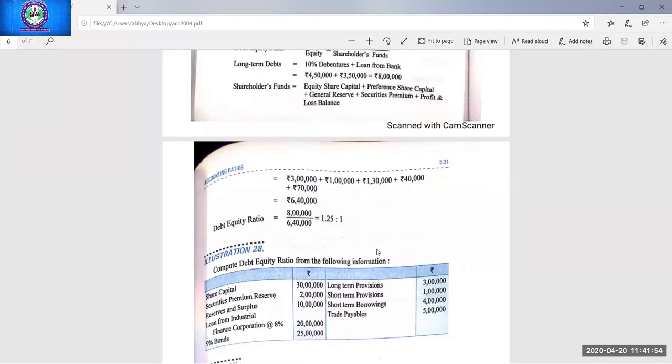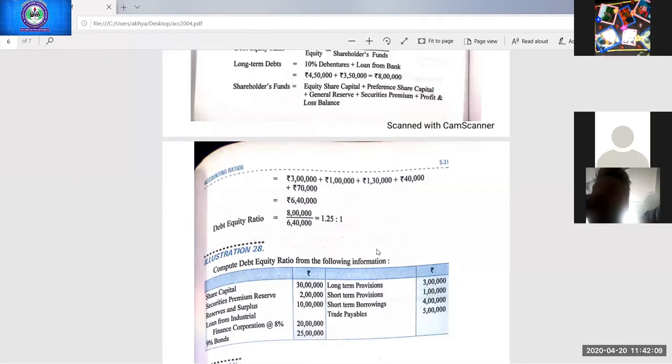Share capital is given 30 lakh. SPR 2 lakh. Reserve and surplus 10 lakh. Loan from Industrial Finance Corporation at the rate of 8%. Time period is not mentioned, so we will be considering it long-term borrowing. 9% bonds.